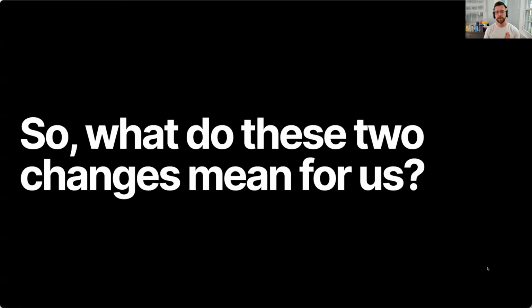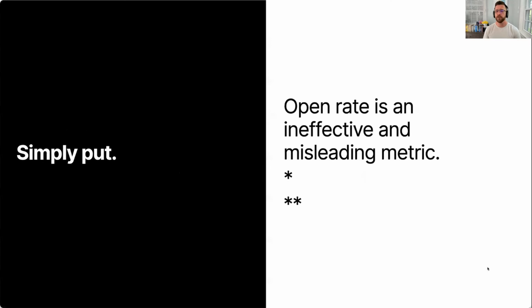These two changes have some important implications for us. First, simply put, open rate is an ineffective and misleading metric when it comes to lead generation campaigns, okay? Because we have essentially lost a significant amount of open rate data that lets us truly understand that subscribers are opening those campaigns, both from iOS's MPP changes as well as Gmail prefetching.